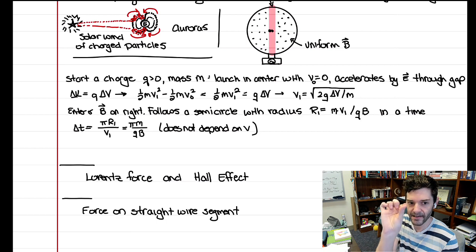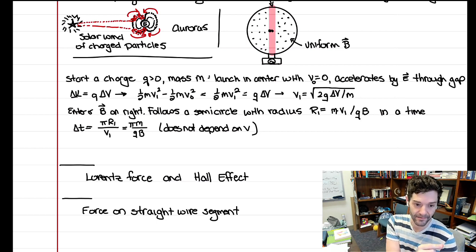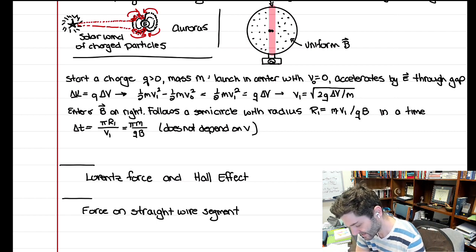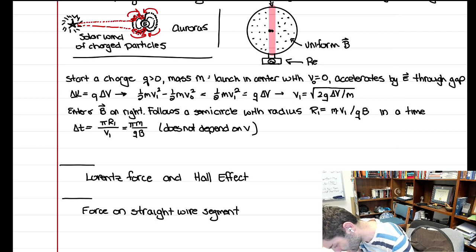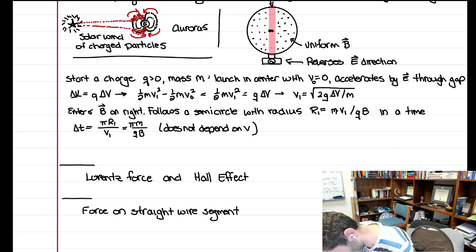So the particle is accelerated, it completes a little half circle, and then it's back to the place where the electric field is. Now, if the electric field doesn't change, it's going to end up slowing down as it goes back through the electric field in the wrong direction. So the point of this oscillator is that it reverses the E field direction in some regular way, at some frequency.